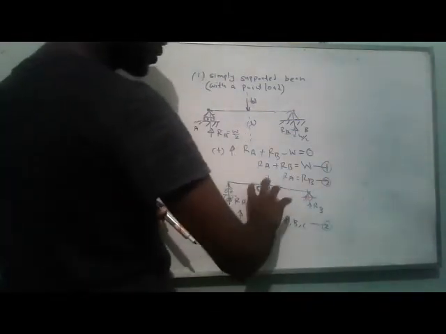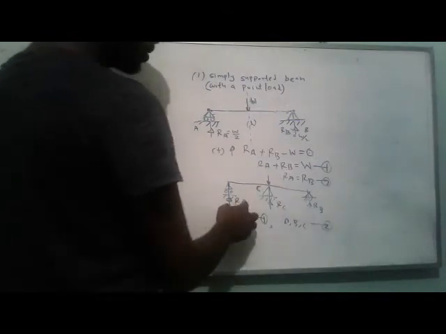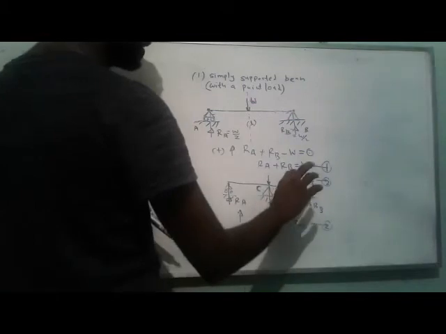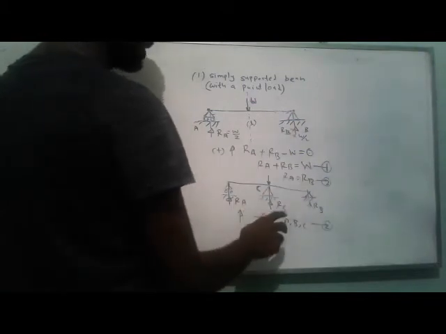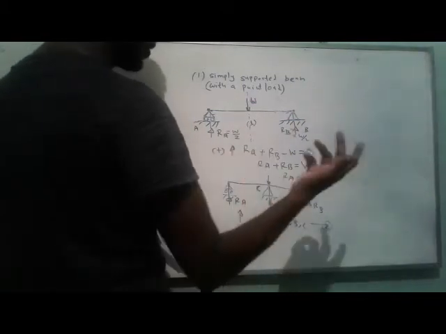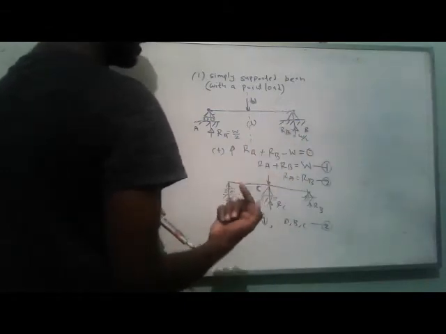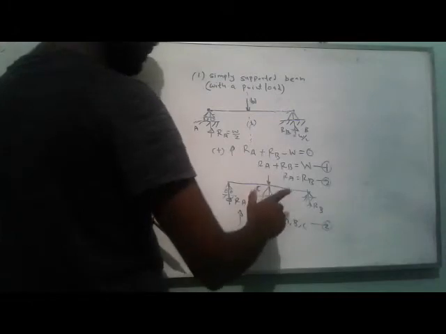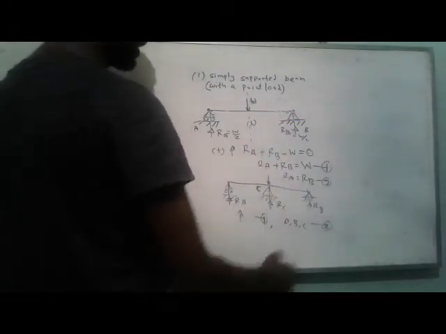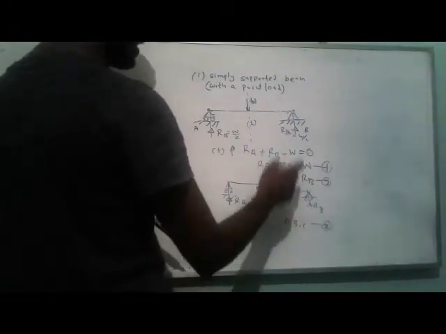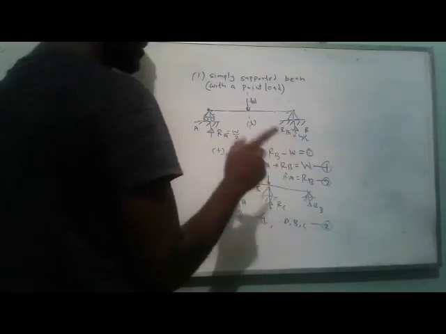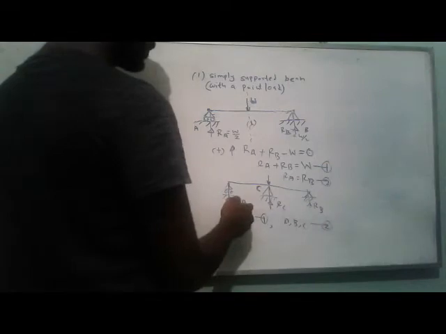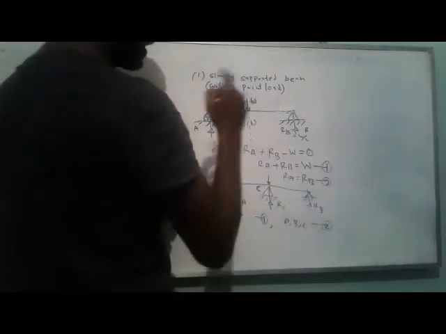In this case you cannot find RA, RB and RC in the usual way, by taking moments or resolving forces in perpendicular directions. There should be additional information to solve for RA, RB and RC.